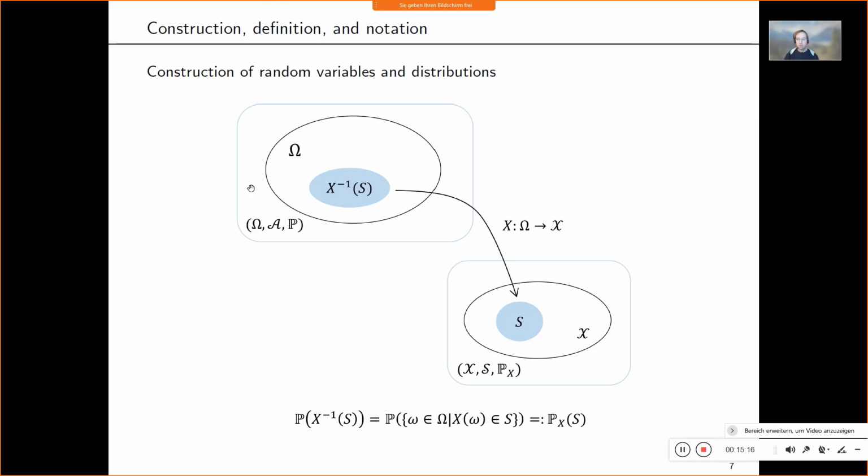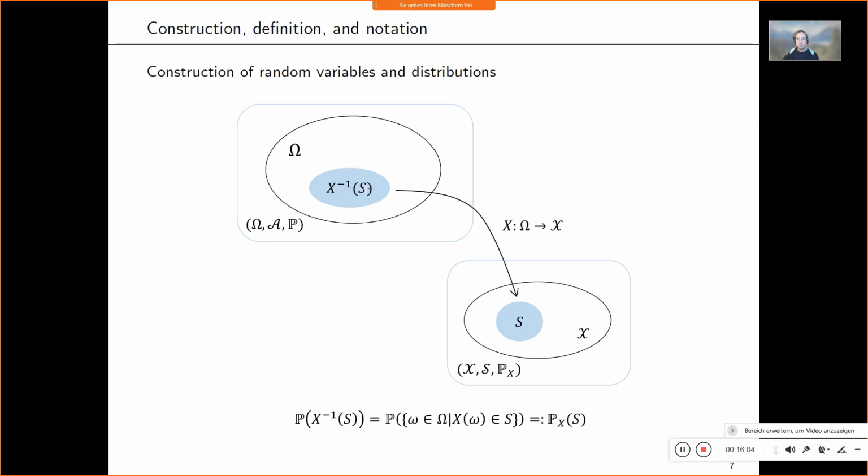So we have the original, or the basic probability space of Omega, calligraphic A and P. And we have a function X that maps elements of Omega onto elements of another set X. There we decide on a subset S of X, and then ask what are the elements of the original outcome space that are mapped onto elements of S by the function X. We call this the pre-image, and if the pre-image is actually part of the sigma algebra on Omega, then we call this function measurable.